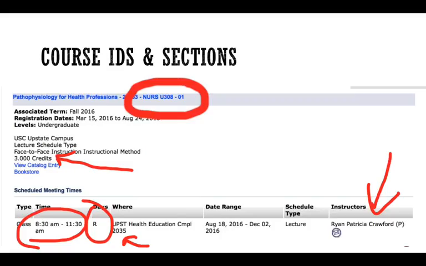Full-time clinical instructors have at least a master's in nursing, and the professors have a PhD or some other doctorate degree. There's several that they can have. So those are the types of instructors that you can have.